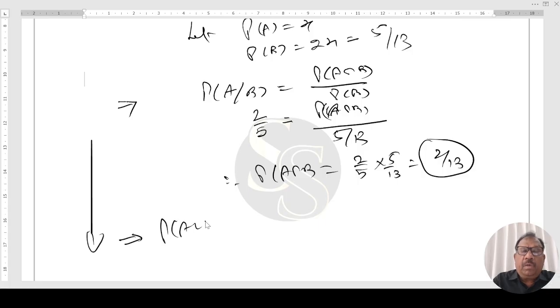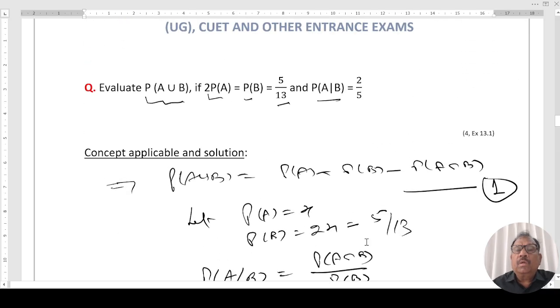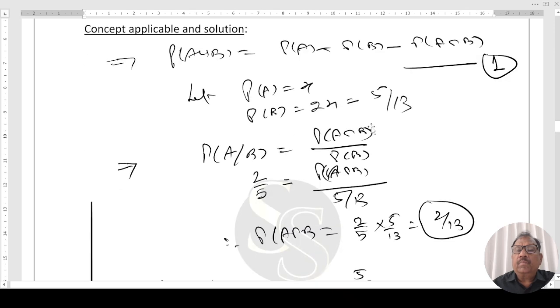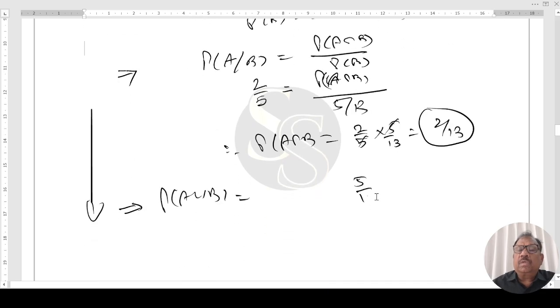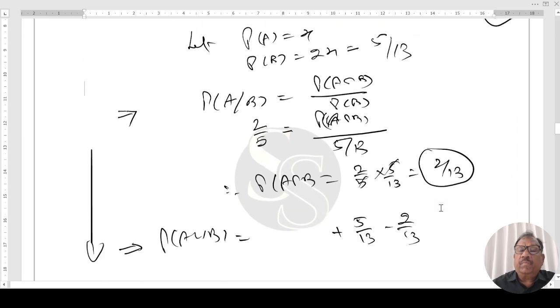P(A union B) will be equal to P(B), 5 by 13, minus P(A intersection B), 2 by 13, plus P(A). P(A) will be equal to half of P(B), that is 5 by 26.